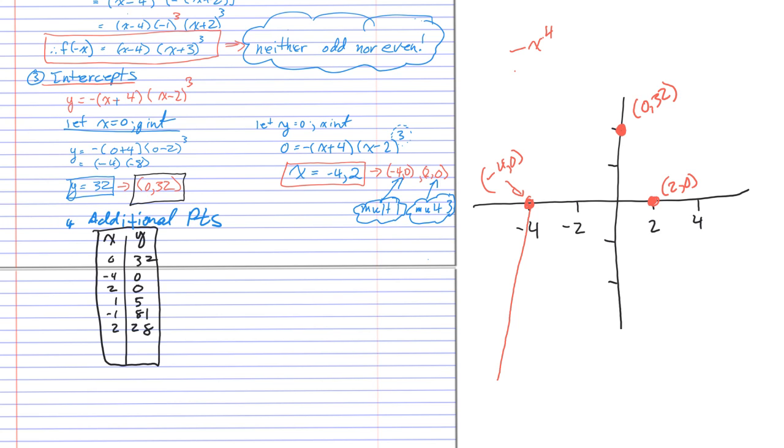So for this curve, we have a few additional points. Our two additional points are going to be 1, -1, and 2. And it shows us that our points look like this.